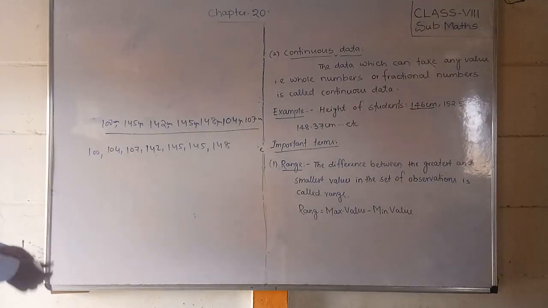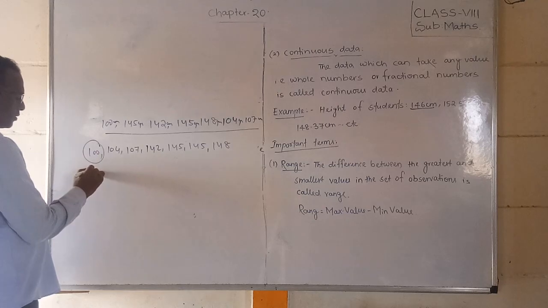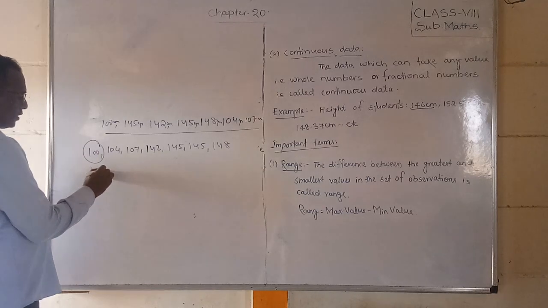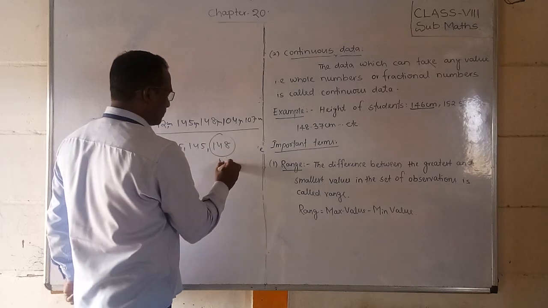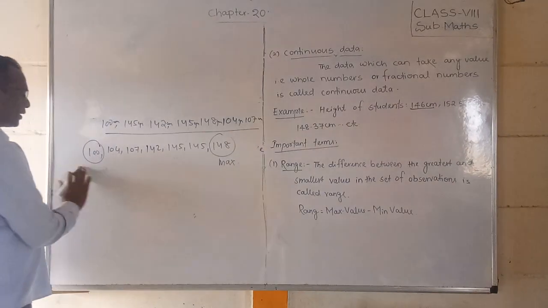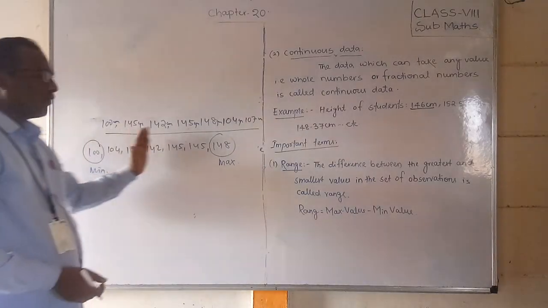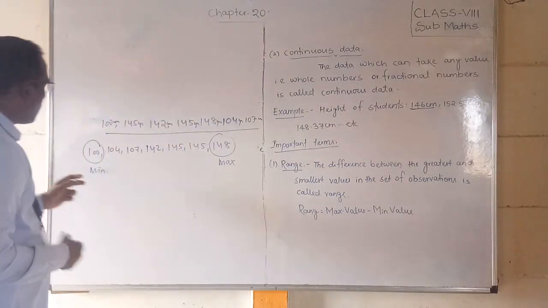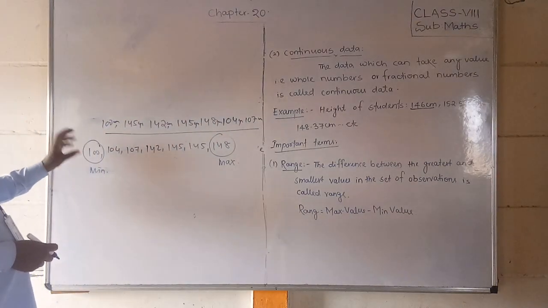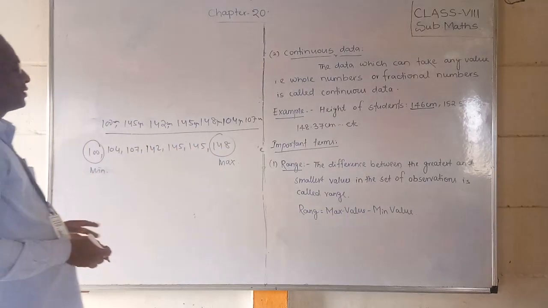Now which is the lowest observation data? This is the lowest, or minimum. This is the highest, maximum. Whenever we write data in ascending order, we can easily find the minimum and maximum observation data.